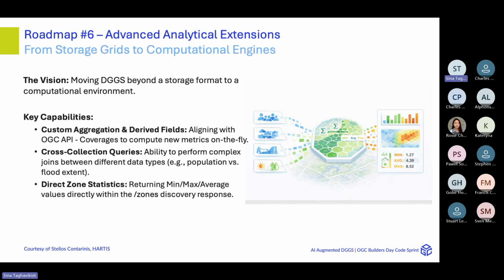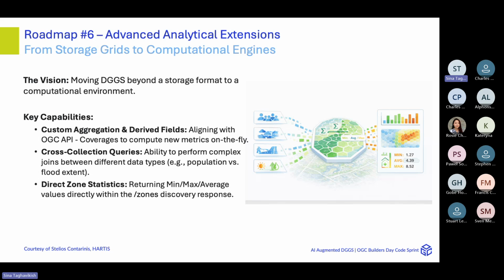The last roadmap item is advanced analytical extensions. So moving DGGS beyond the storage format to basically a computational environment. Custom aggregation is the biggest challenge. Where do you do the calculations? Are you going to do it in the server? Are you going to do it in the client? Should the server of the DGGS do more than providing a grid? This is sometimes a philosophical discussion, and I'm not sure we agreed on the final answer.